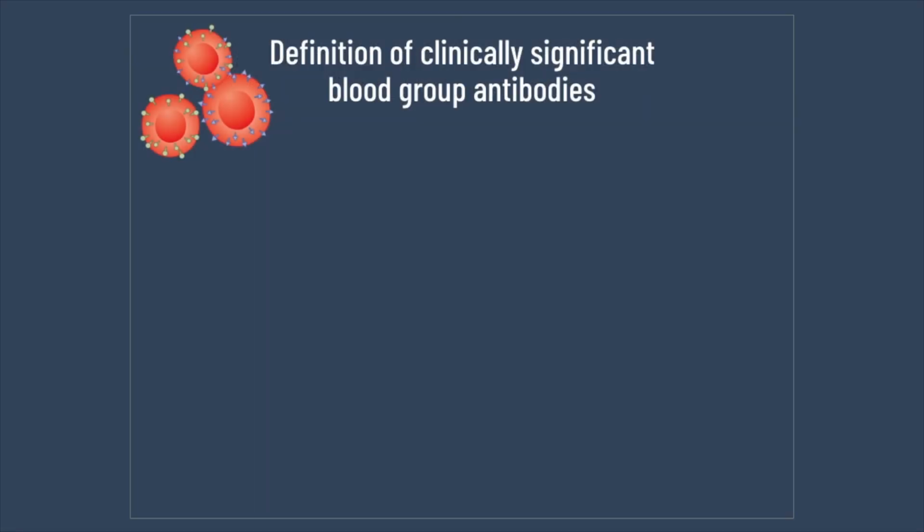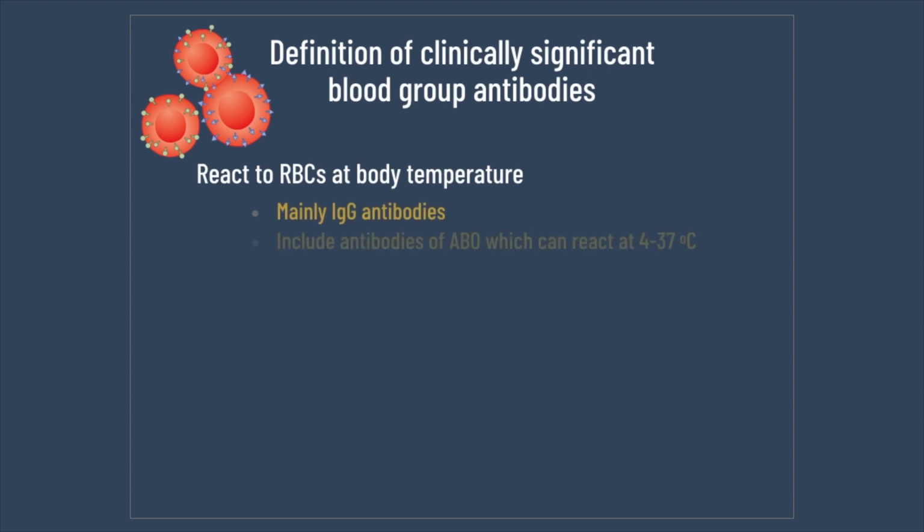Some blood group antigens induce production of clinically significant antibodies, which are defined as follows. First, reaction to red blood cells at body temperature. These antibodies are mainly IgG, but include antibodies of the ABO blood group system because of a wide range of reaction.